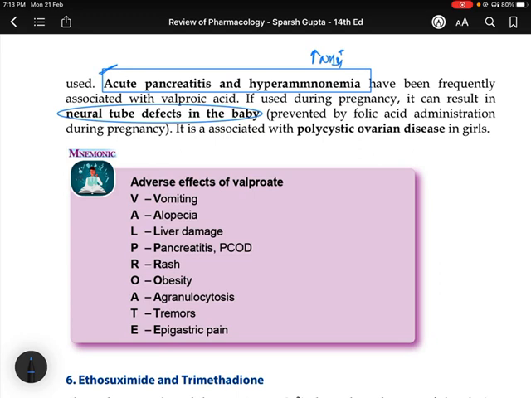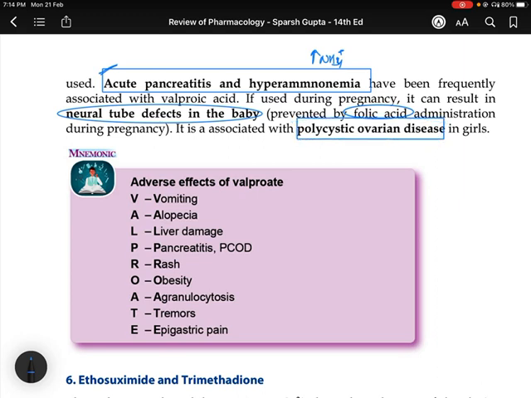So if a pregnant woman is being given this kind of drug, then neural tube defects can occur in the baby. Folic acid is in general responsible for neural tube formation and protection, and it should be given. It is anyway given. And it's also associated with polycystic ovarian disease in girls.